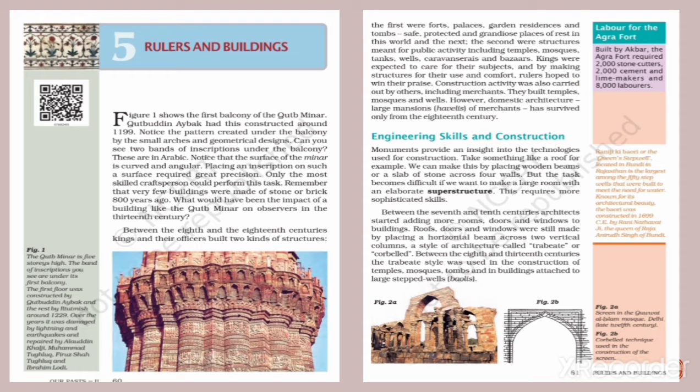All are related to social purposes: palaces for their kings and queens, gardens for recreation, residences, then the tomb. Tomb means ultimately samadhi, in memory after death. The Taj Mahal is nothing but a tomb only, isn't it?